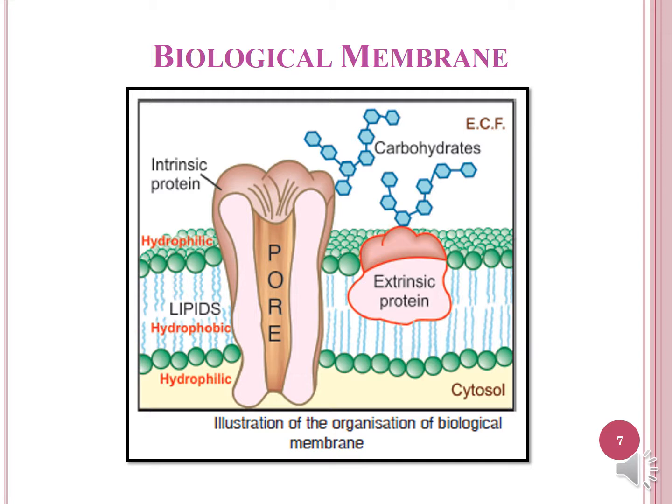The extrinsic proteins are the ones with an exposed part towards the external surface, and some proteins facing the cytosol could be intrinsic proteins. Some of these proteins could act as receptors. Some could be enzymes, or they could be ion channels, ligand gated or voltage gated, as well as receptors. All these things make up the molecular membrane.